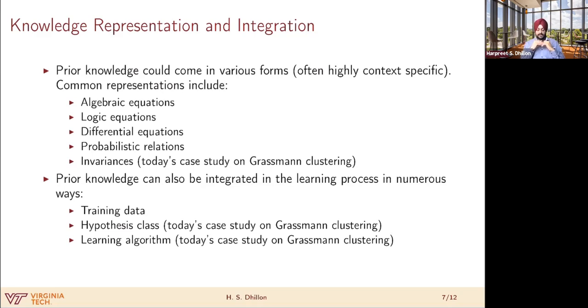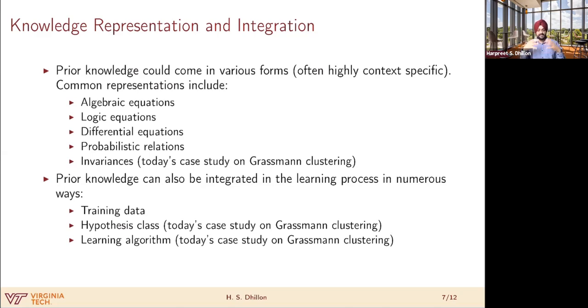And by the way, once you integrate knowledge, it's not that it's only doing one of these three, and these are not even exhaustive. It could impact multiple things, as you see in the case study. For example, if your prior knowledge shrinks your hypothesis class, it tells you that certain functions you should not even care about.